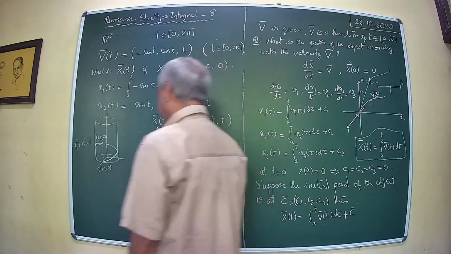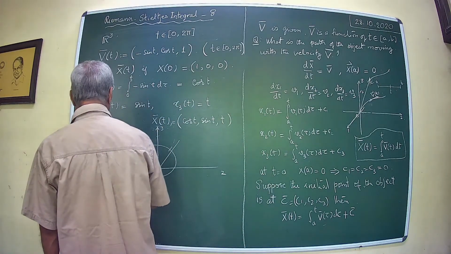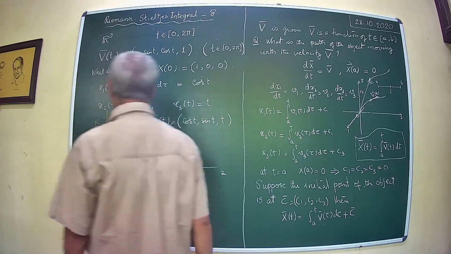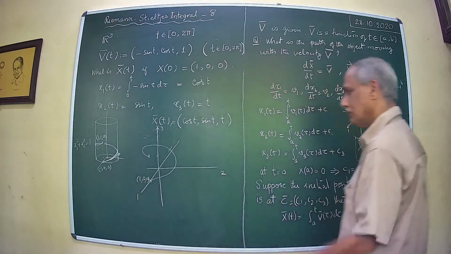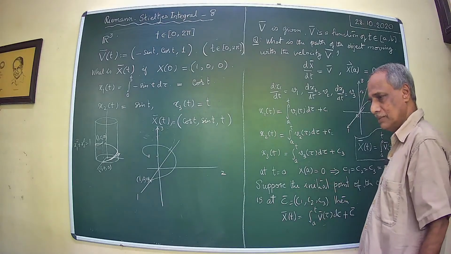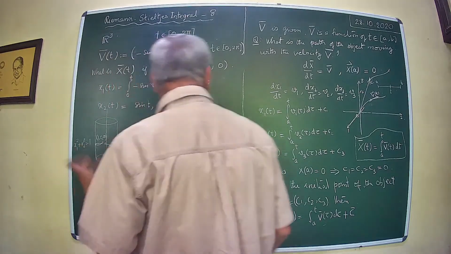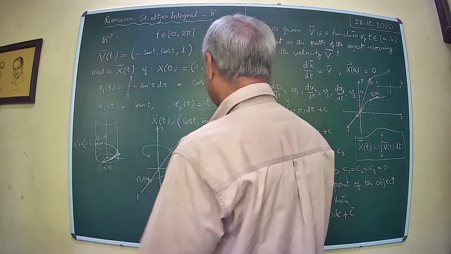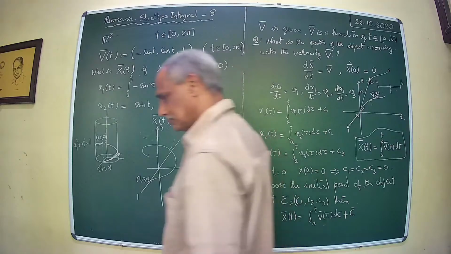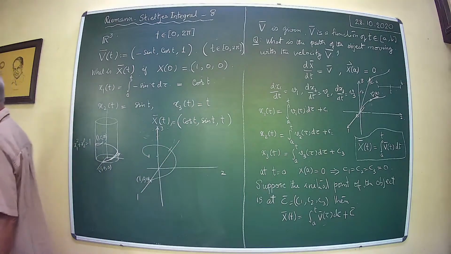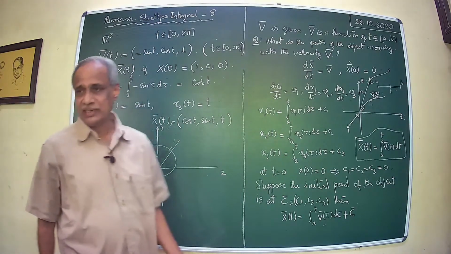And at any point the tangent vector will correspond to the given. Now this is a simple example which demonstrates this. I think I'll stop with it. So I hope everything is clear to you.